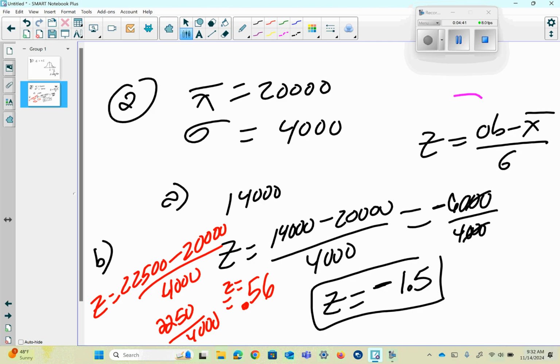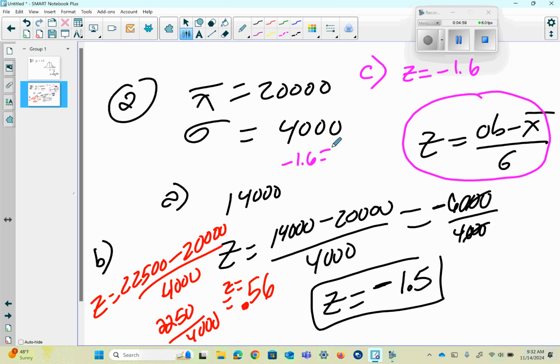So if this is my z-score equation, and they told us that we had a z-score of negative 1.6, what should I do with this equation? There you go. Negative 1.6 is equal to observed minus 20,000 over 4,000, and then you just use a little algebra.